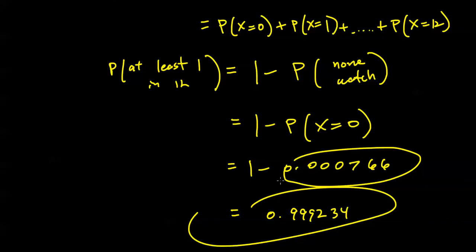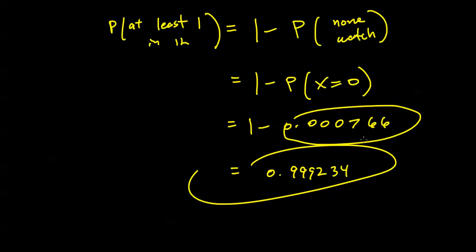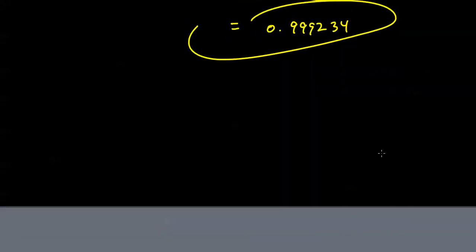Let's look at part C. Let's find the probability that at most 1 in 12 is watching this game.